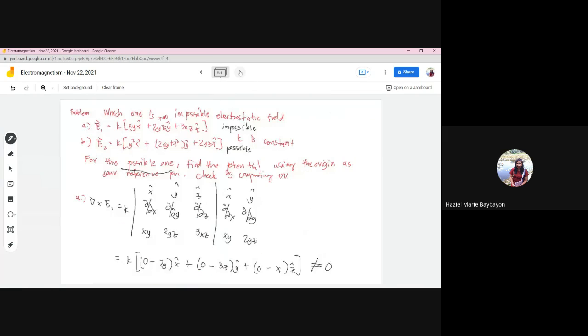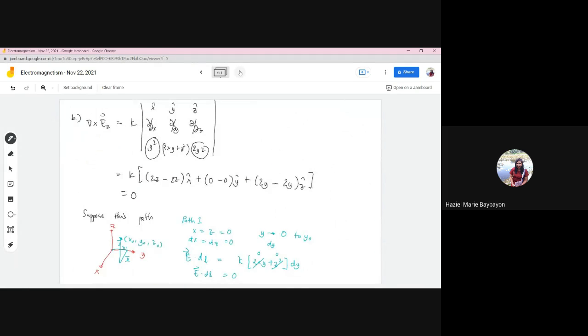Let us look at it. Okay. Take note, class, that V is equal to negative integral of E dot dl.